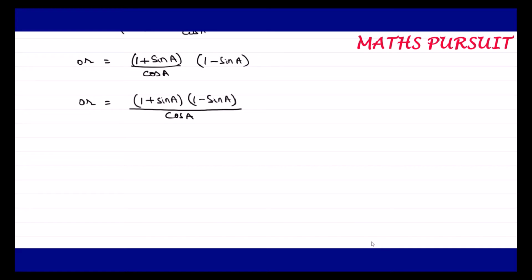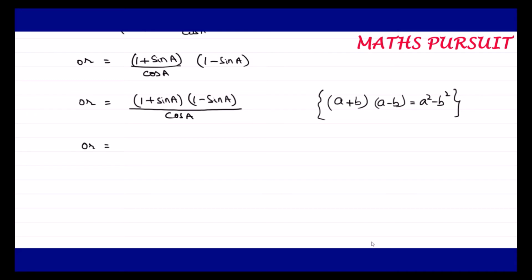Guys, we very well know that (A plus B) into (A minus B) is equal to A square minus B square. This is what we are going to use here, because we got (1 plus sin A) into (1 minus sin A), that is nothing but (A plus B) into (A minus B).